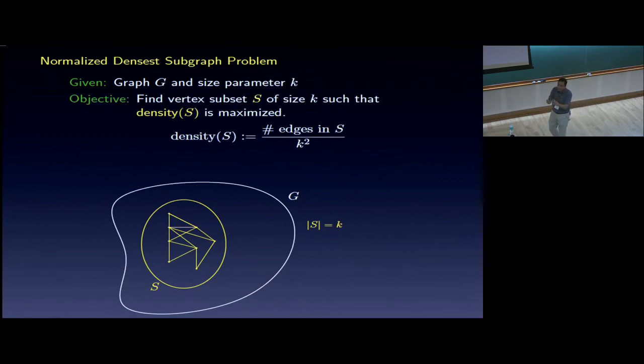Roughly speaking, I want to find a clique. I want to find a subset of size k that has as many edges inside it as possible. Again, normalizing it, but the point is that you can write this as a quadratic program. Again, use the exact same idea as I mentioned of enumerating over subsets, solving LPs, and so on.